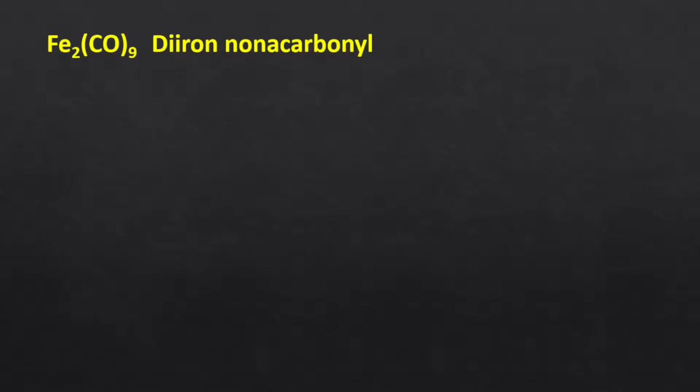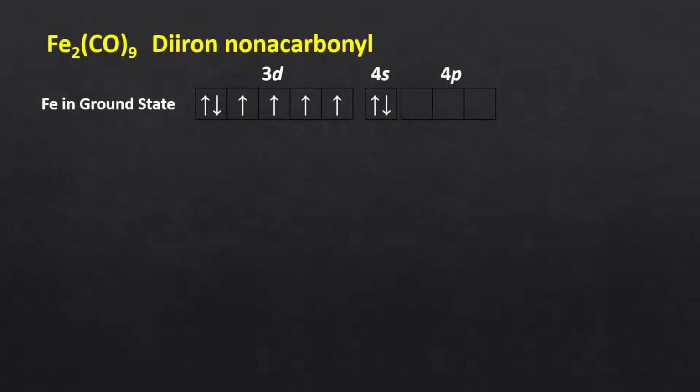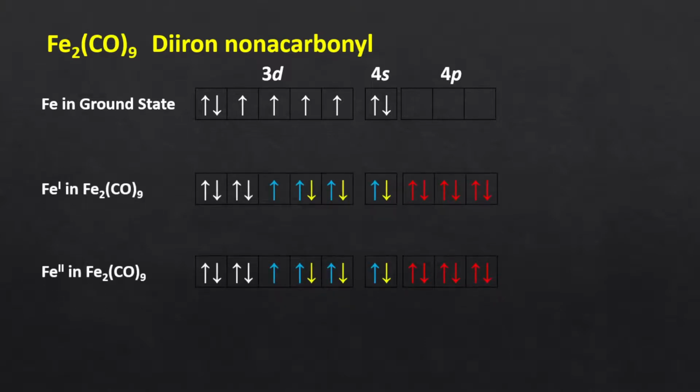Let us consider the example of di-iron nonacarbonyl. The atomic number of iron is 26, so its valence electronic configuration in the ground state is 3d6 4s2 4p0. In this complex, there are 3 mu2 bridging carbonyl ligands. So, valence electronic configuration of iron in the excited state is 3d7 4s1 4p0. The 4s orbital, 4p orbitals and the 3d orbitals with an odd electron are hybridized to produce d3sp3 hybrid orbital.